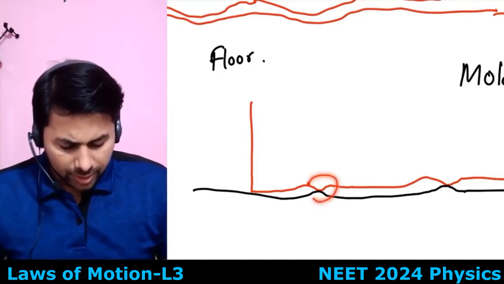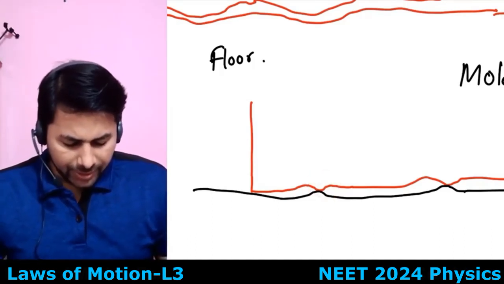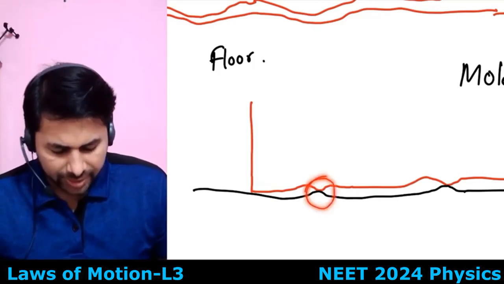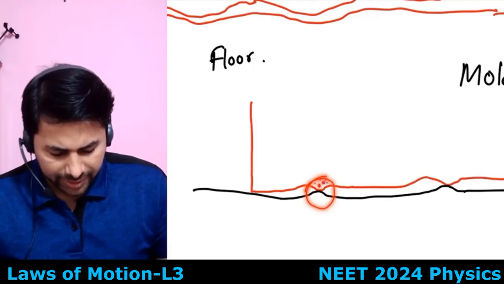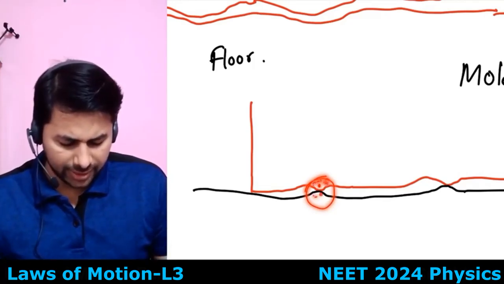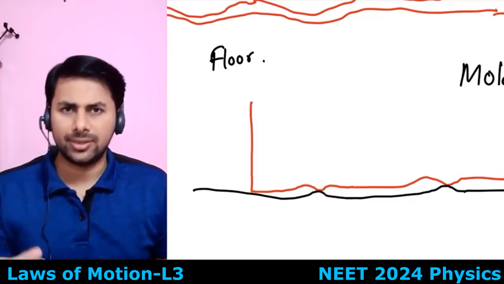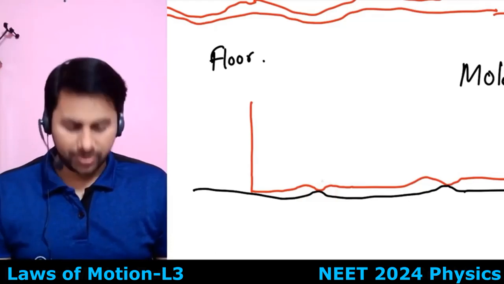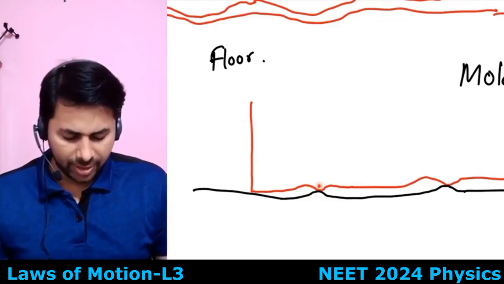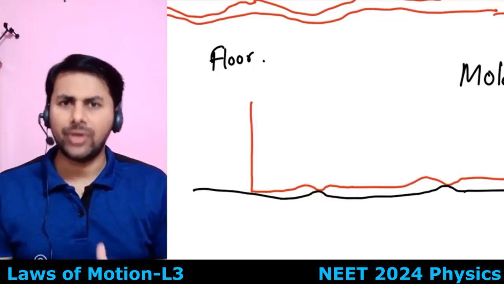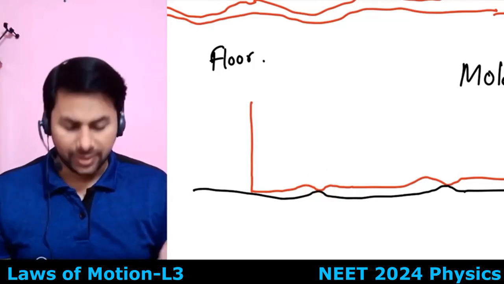Now see what happens. For this atom, suppose the distance is 10 raised to minus 9. So for the atoms of this body and these atoms, they are at the same distance. So the intermolecular force exerted by this atom on these atoms as well as these atoms will be about equal, we can say, right?